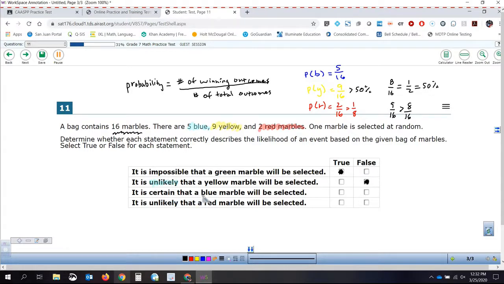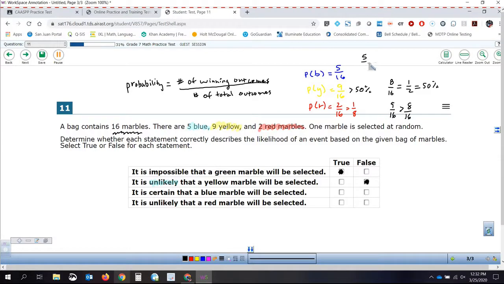It is certain that a blue marble will be selected. Well, again, certain. What does certain mean? Certain means it's certain to happen. It must happen. Well, there's only 5 marbles that are blue. It is certainly not certain. In fact, 5 out of 15 would be 1/3.